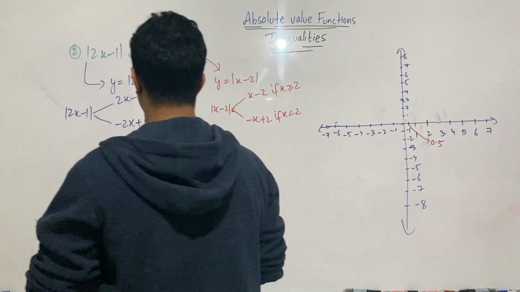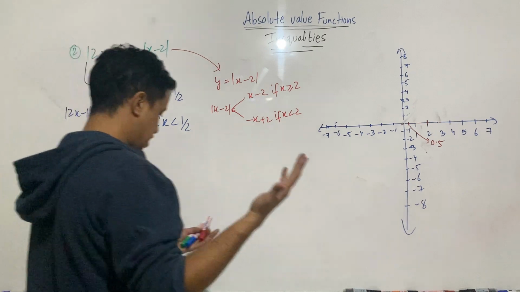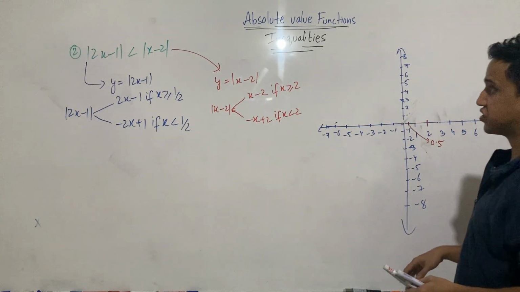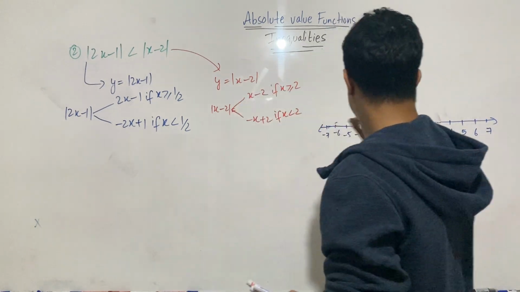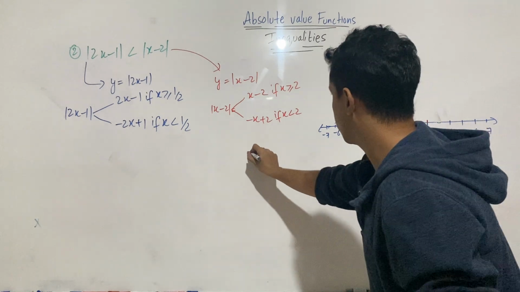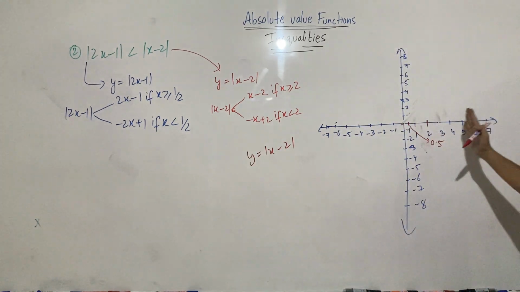All right, so let's start with this. The vertex is going to be formed at 2, so y equals x minus 2 if you take values higher than this.